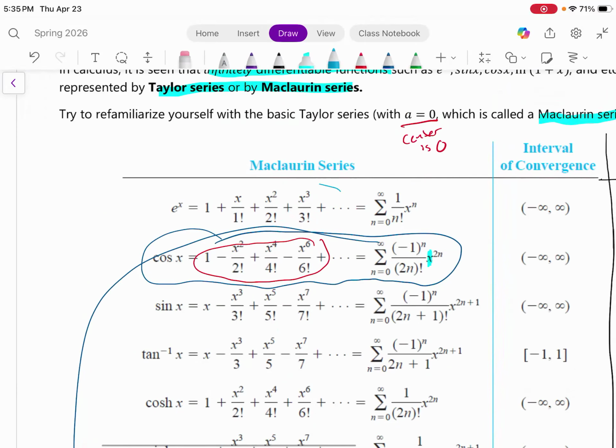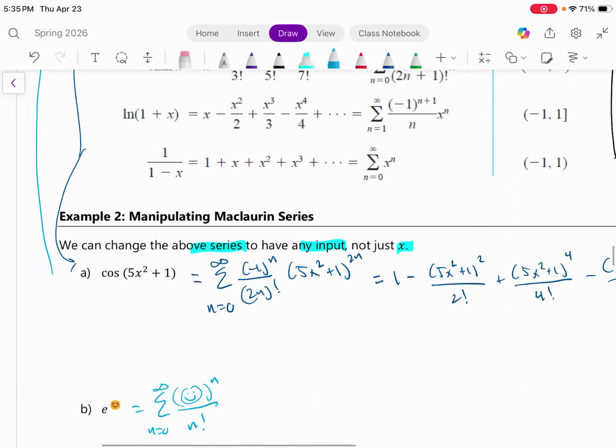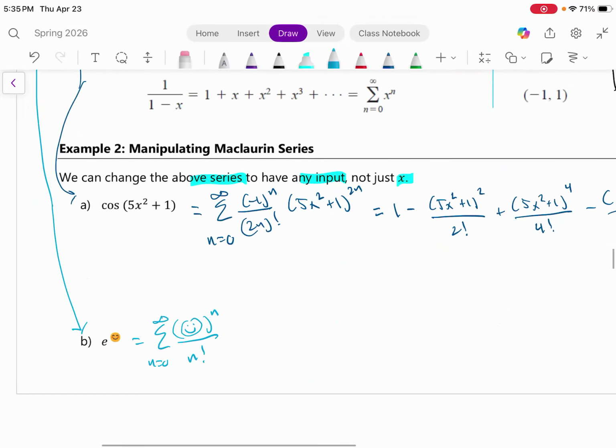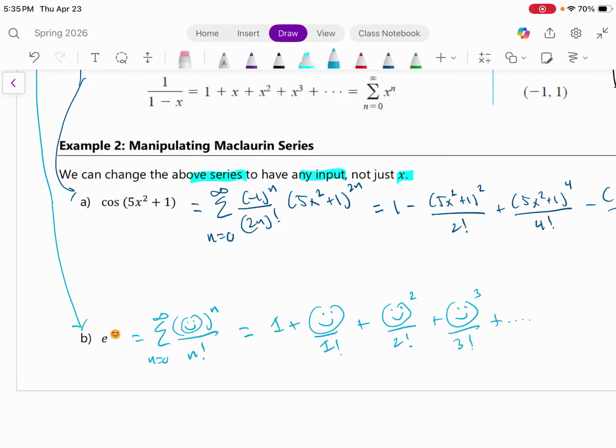I'm getting it from right here, and I'm just plugging in the smiley face for x. So this would be 1 plus smiley face over 1 factorial, plus smiley face squared over 2 factorial, plus smiley face cubed over 3 factorial, dot dot dot.